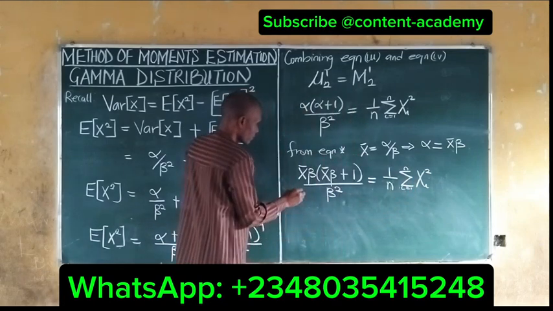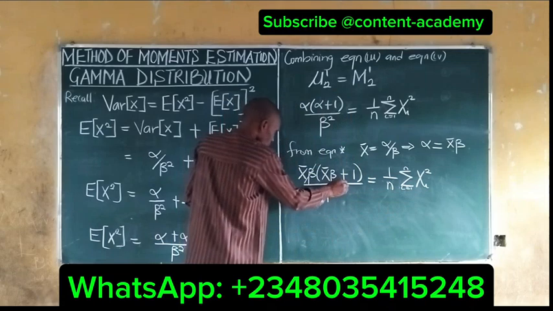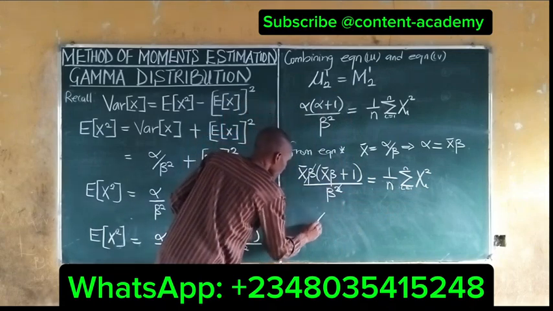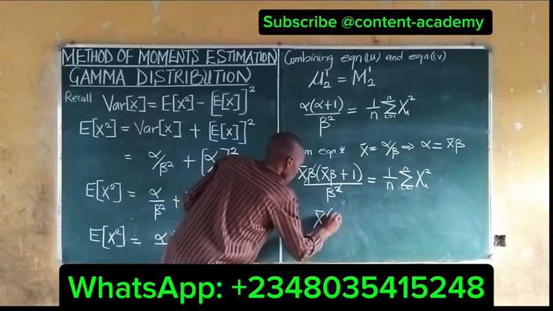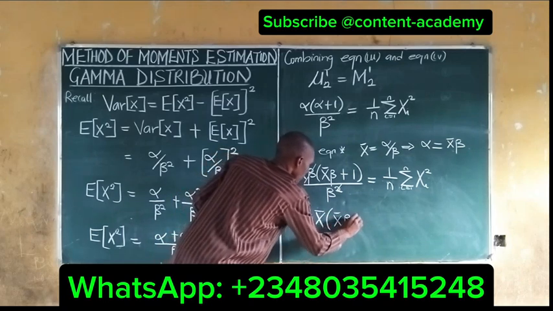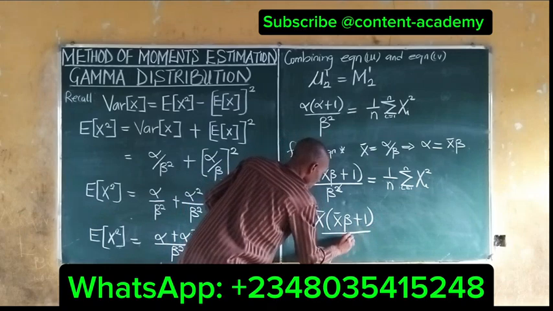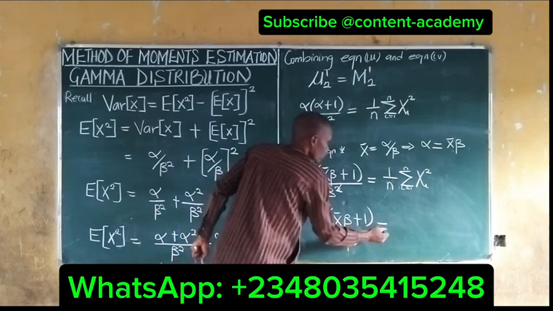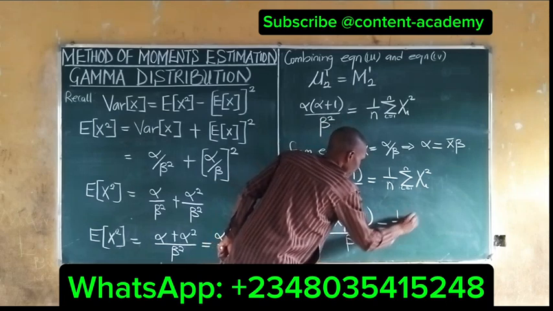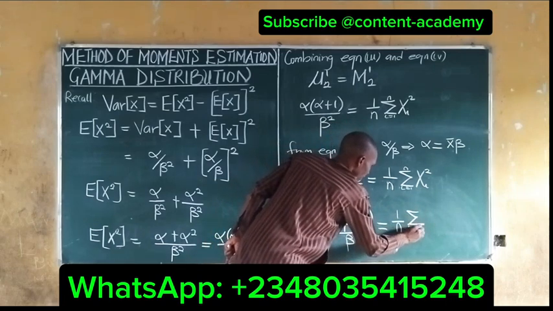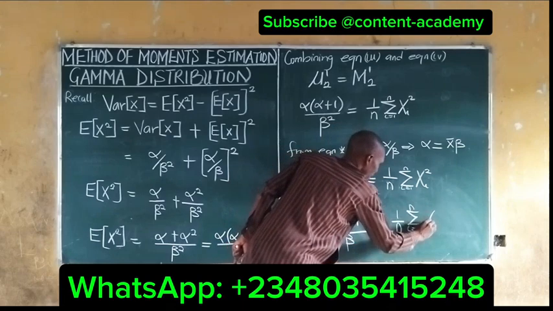Now, we can cancel this to be left with x bar into x bar beta plus 1 all over beta to be equal to 1 all over n summation of xi squared, as i running from 1 to n.